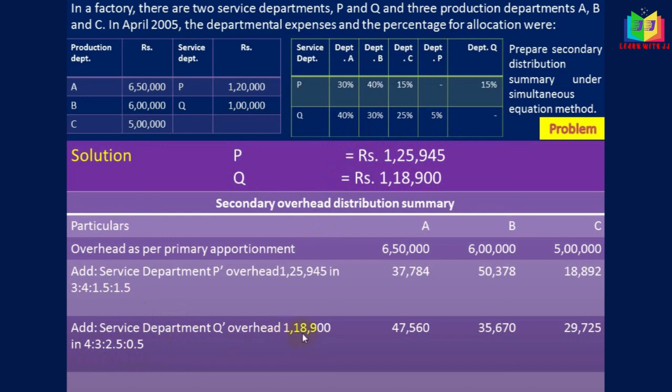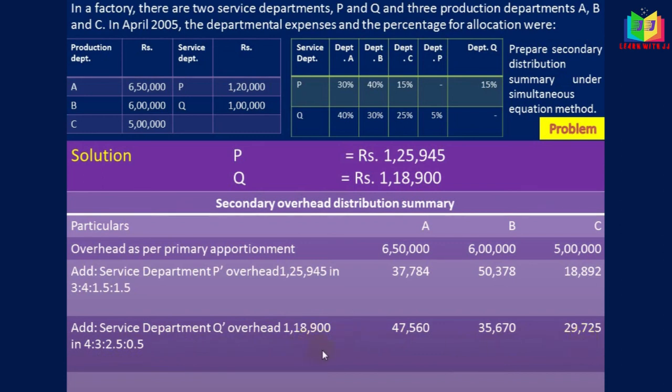So 1,18,900 into 4 by 10 gives 47,560, and similarly 1,18,900 into 3 by 10 gives 35,670, and 1,18,900 into 2.5 divided by 10 gives 29,725.